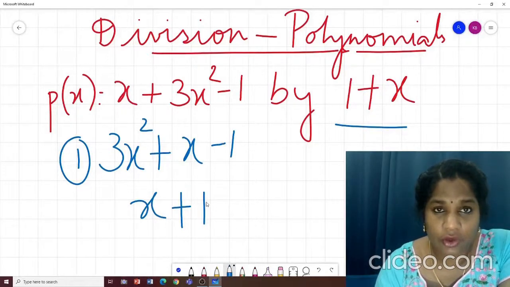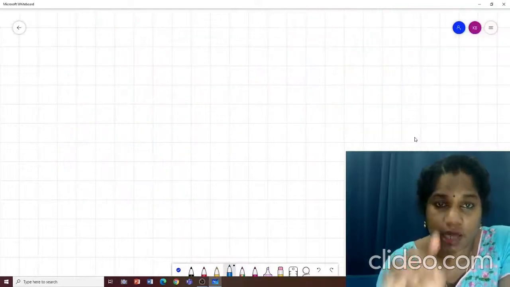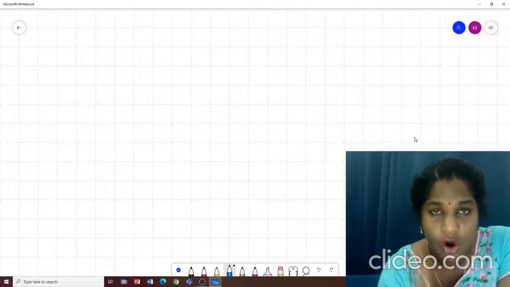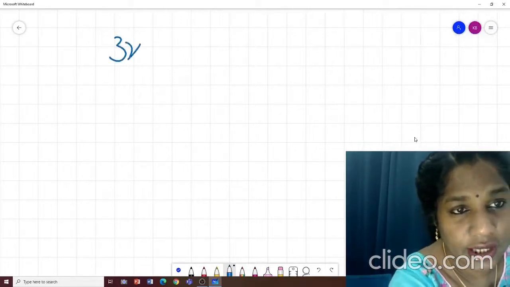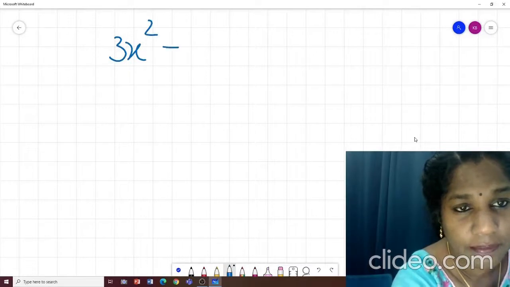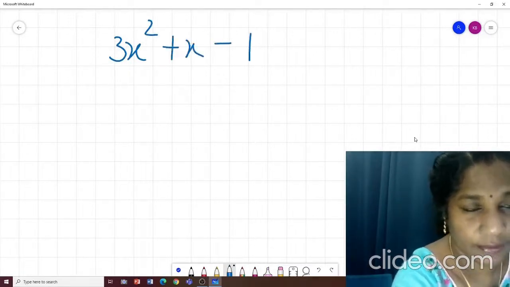Now, what are we going to do? What is the next step? Let me just go ahead and write it the way I want to do the division. So that will be 3x square plus x minus 1.